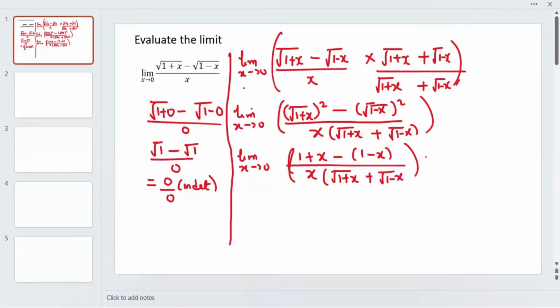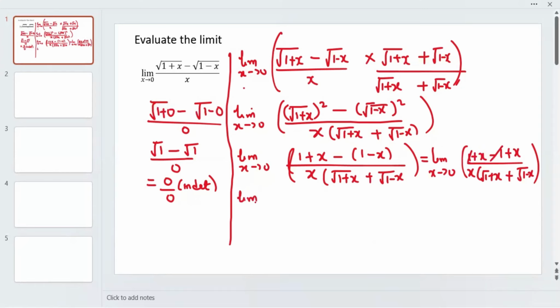Now expanding what we have at the numerator, this gives me the limit as x tends to 0 of 1 plus x minus 1 plus x over x into square root of 1 plus x plus square root of 1 minus x. So 1 minus 1 gives me 0, and I'm left with 2x at the numerator.